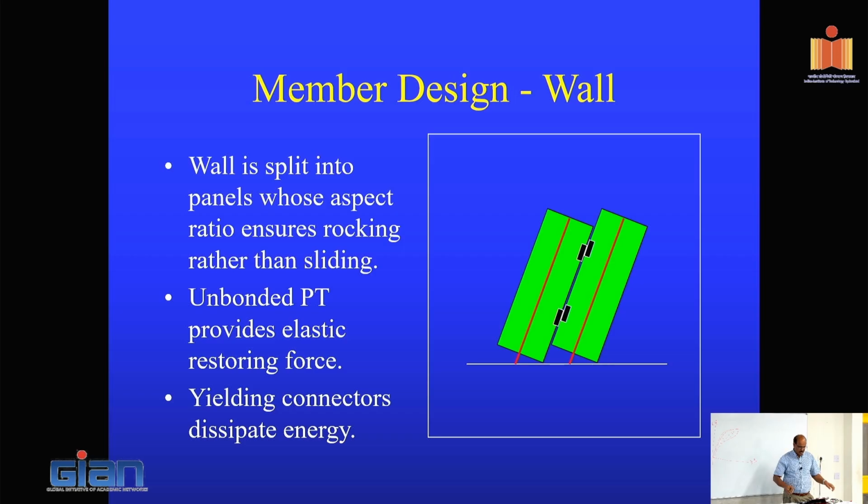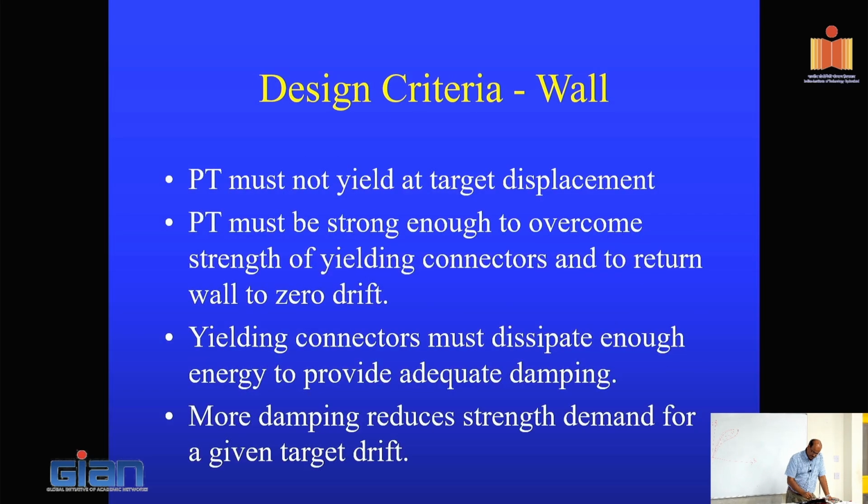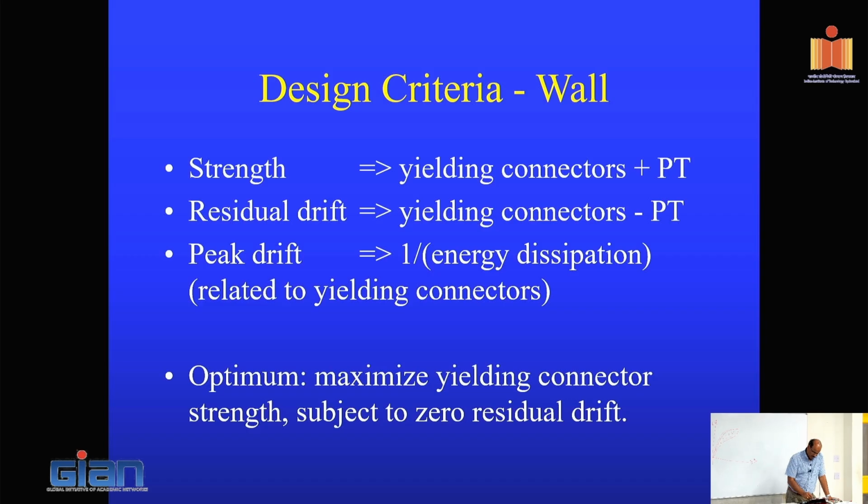There's been a lot of work done on that topic. So this basically explains the strength is going to come from yielding of the connectors and the post tensioning, and the residual drift will be dependent on how much each of the systems provides.